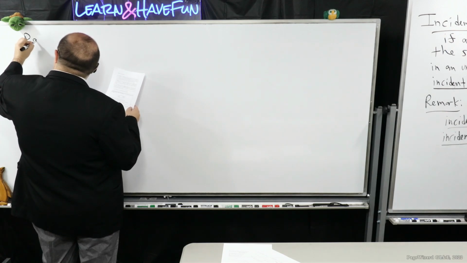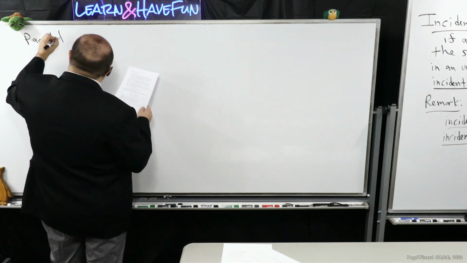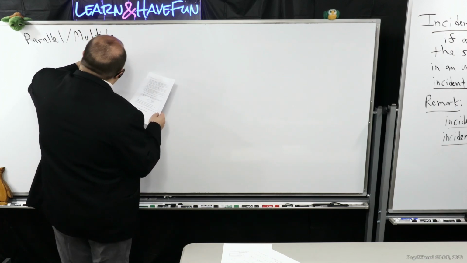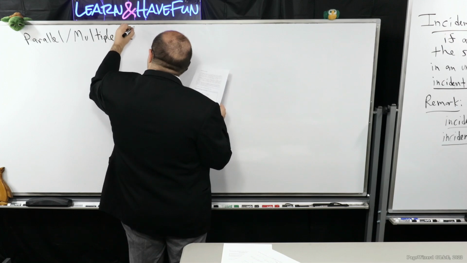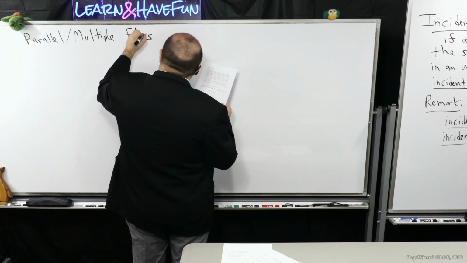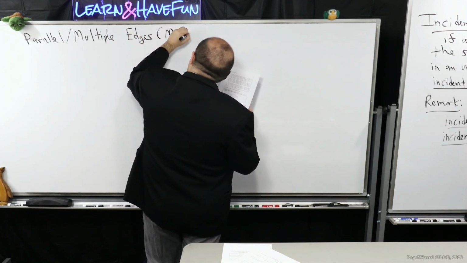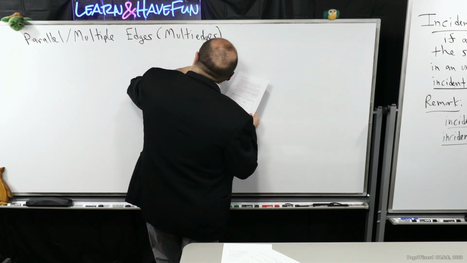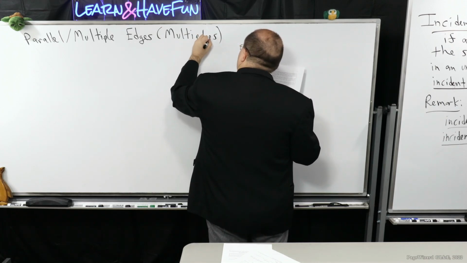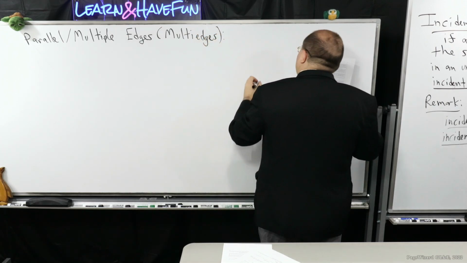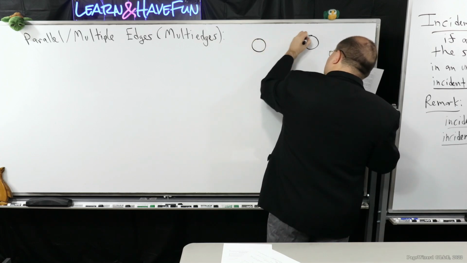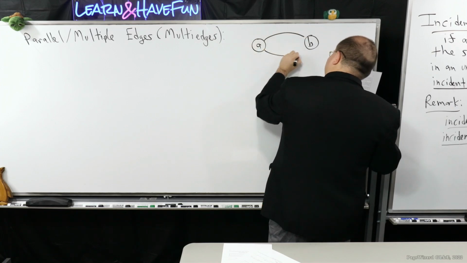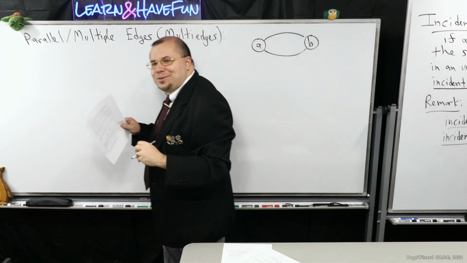I'm going to define the idea of a parallel edge, or multi-edge, or multiple edges. These are additional things you can do to a graph to further generalize it. When I drew the picture at one point, I showed you that you can have multiple edges that go between two endpoints.